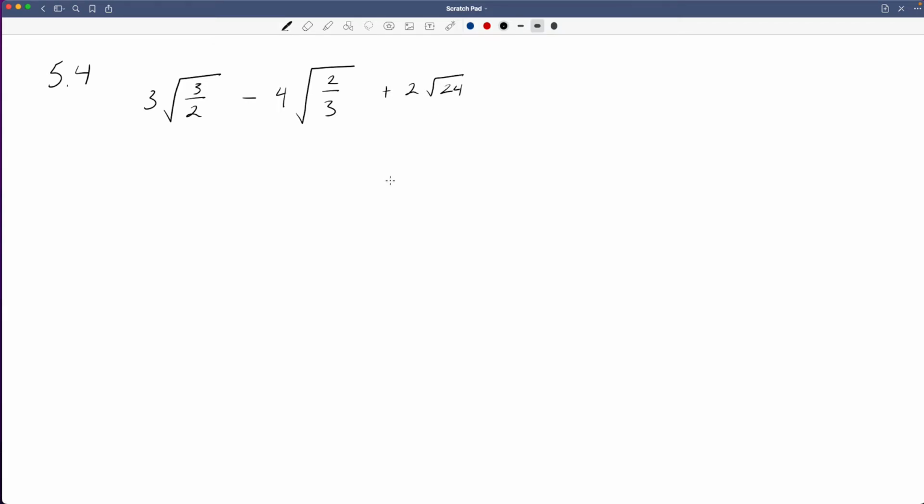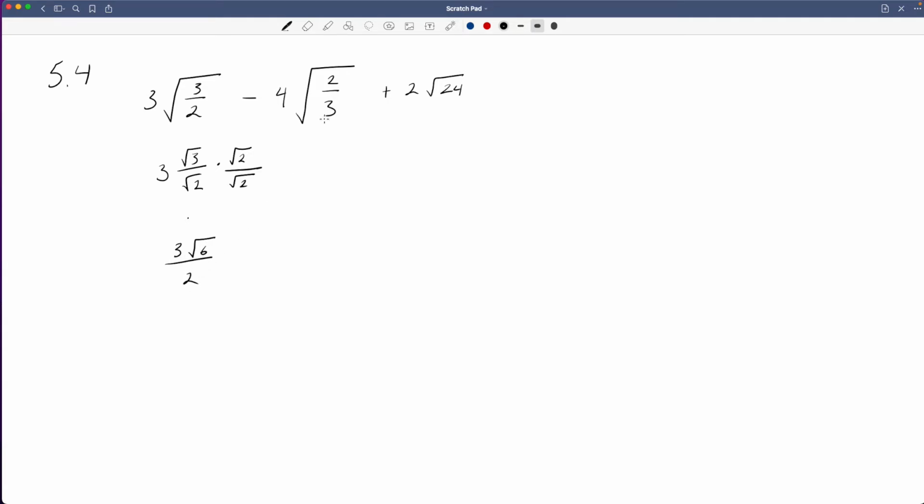All right, so what we need to do here is simplify. So we know that we can break this down and say 3 times the square root of 3 over the square root of 2. And we know we can get rid of this denominator radical, which we do not like, by multiplying the top and the bottom by the same number, which in this case is going to be the denominator. So that's going to give us 3 times the square root of 6 over 2.